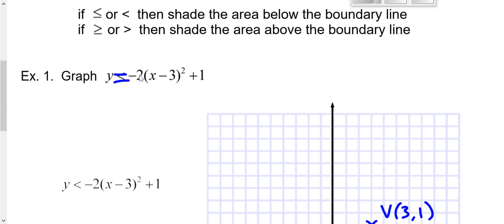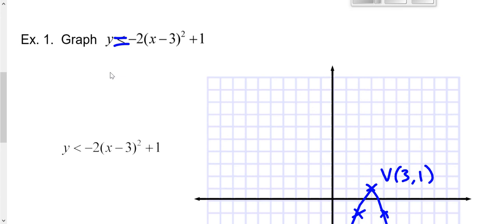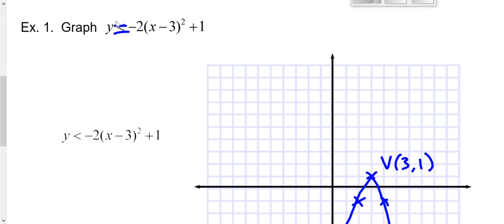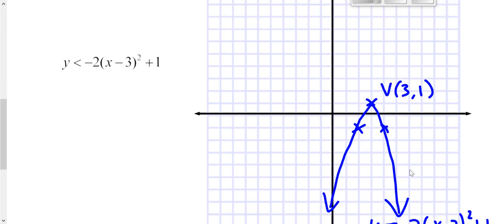Alright, next, let's answer this. Graph this, and then now let's take this out. Let's find out the region that satisfies the condition. y is less than this. Less than, that means below.